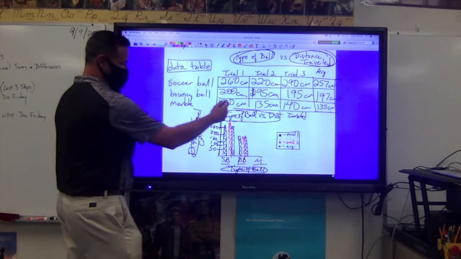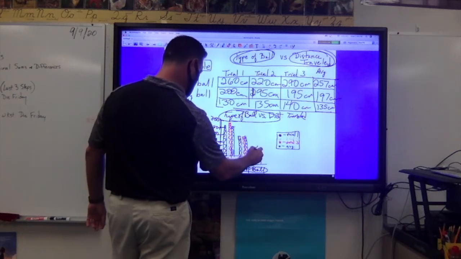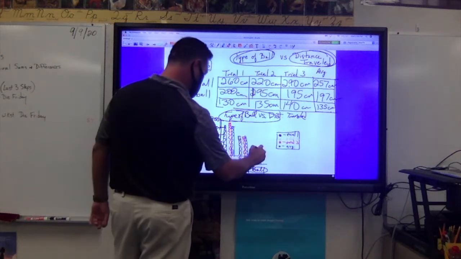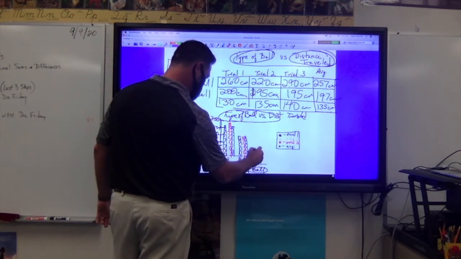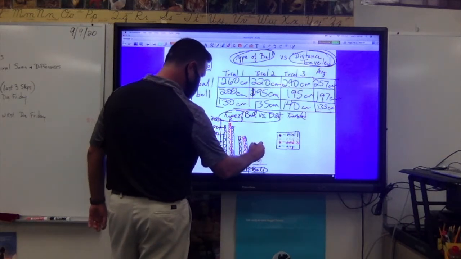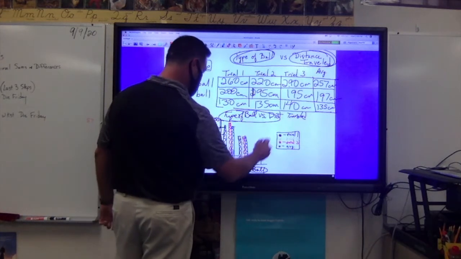Finally, the marble, 130. So our first one is about here. Our second one is just slightly above it. The last one's 140, which is slightly above it. And then, of course, our average is between the tallest and the smallest, which is 135 right here.